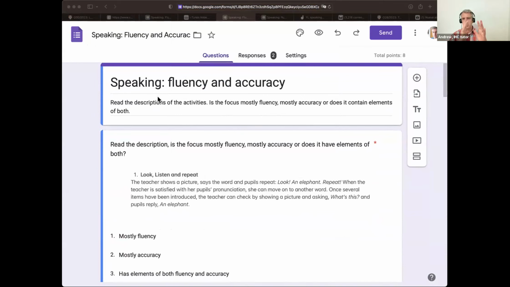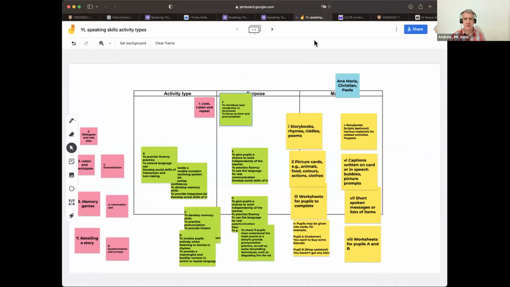So maybe have two screens open on your browser, one with the Google form so you can look at the activities, and the other with the Jamboard. Because the activity is on the Jamboard. But you need to read about the activities on the form.